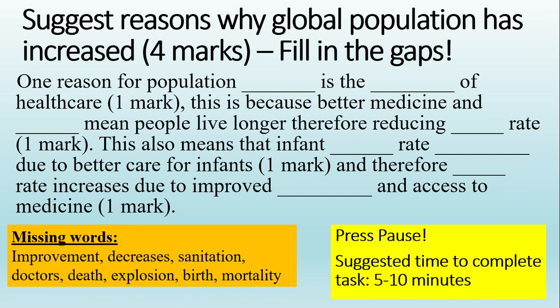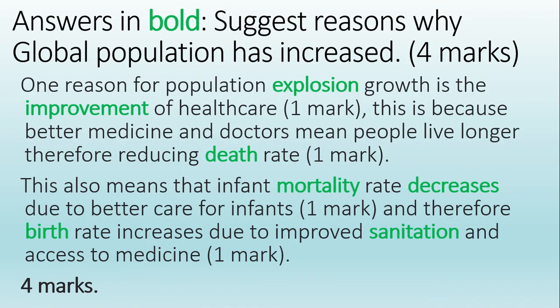Okay, you should have completed this task and filled in the gaps and written out this paragraph of the reasons why global population has increased. So we are going to have a look at the answers now. All the answers are in bold. Just give yourself a tick if you got them right, or just write them in if you got it wrong. One reason for population explosion growth is improvement of healthcare.